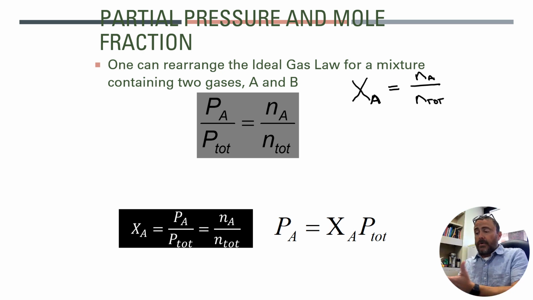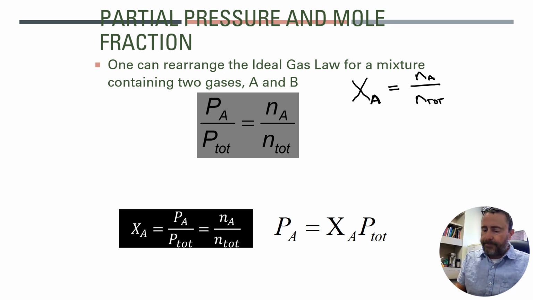Now, if this was a percent, we would multiply by 100. But it's not a percent, it's a fraction. So it's the same sort of setup, but we're not multiplying by 100 at the end. So the mole fraction is that.